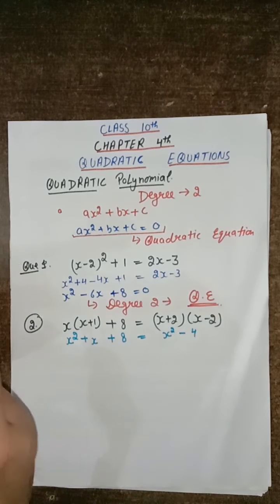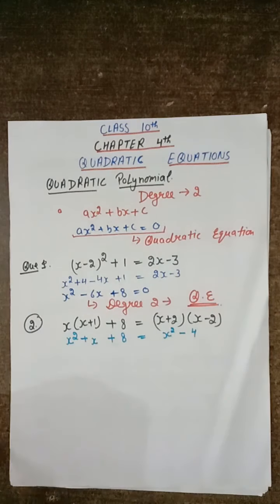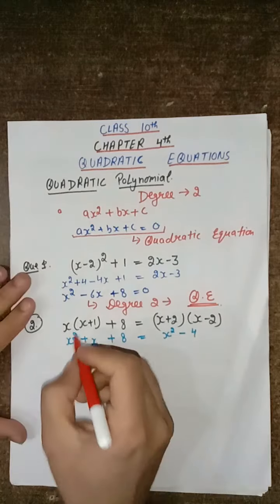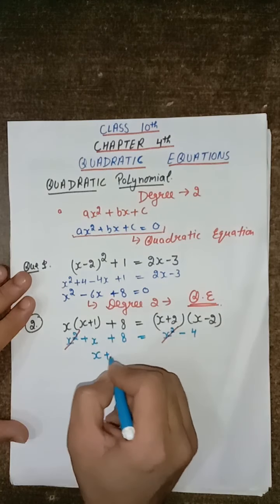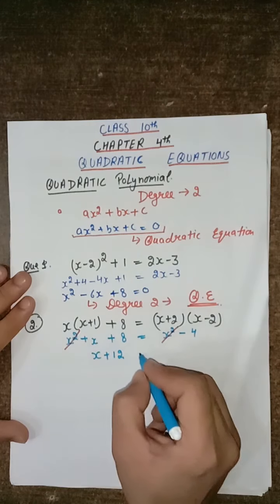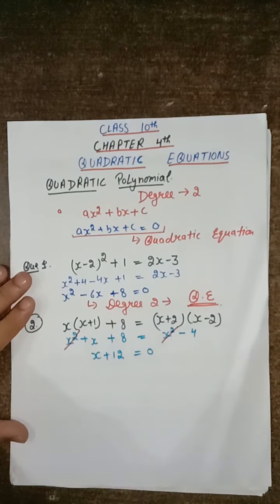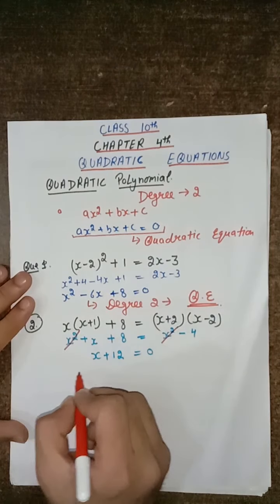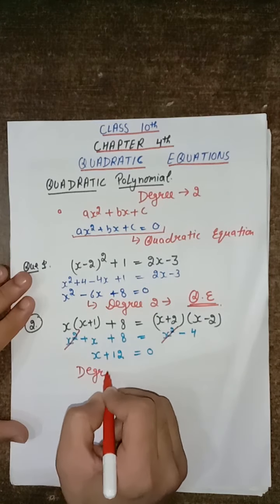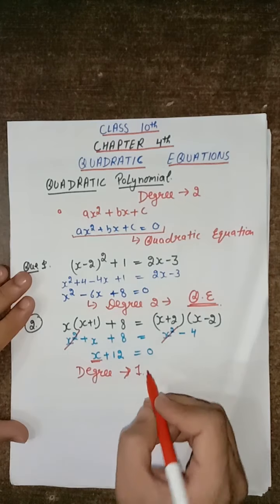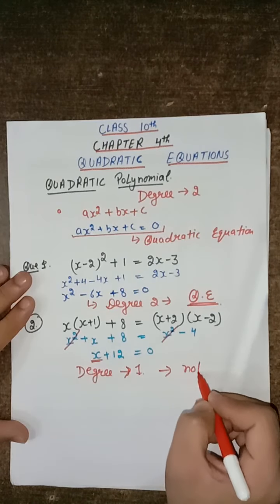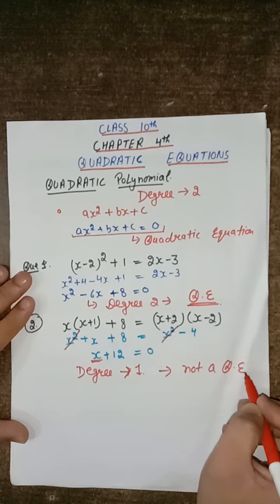Now when this comes to the left hand side, the squares get cancelled out, and we are left with only x plus 12 equals 0. Now here we have degree 1 because the highest power is 1. So this is not a quadratic equation.